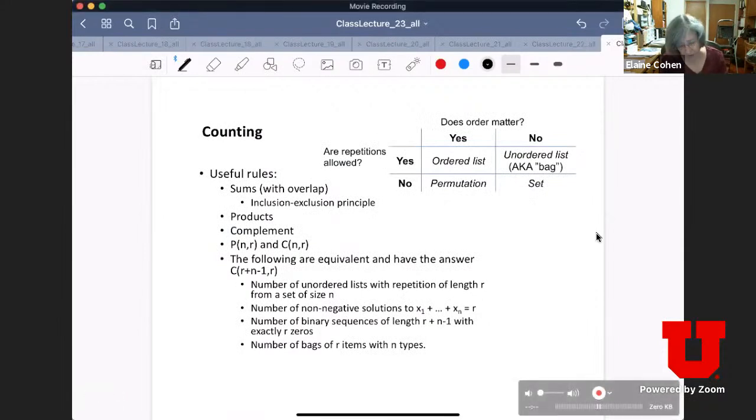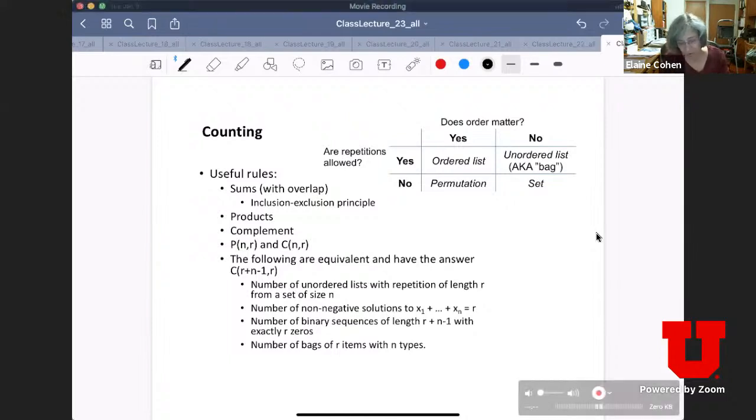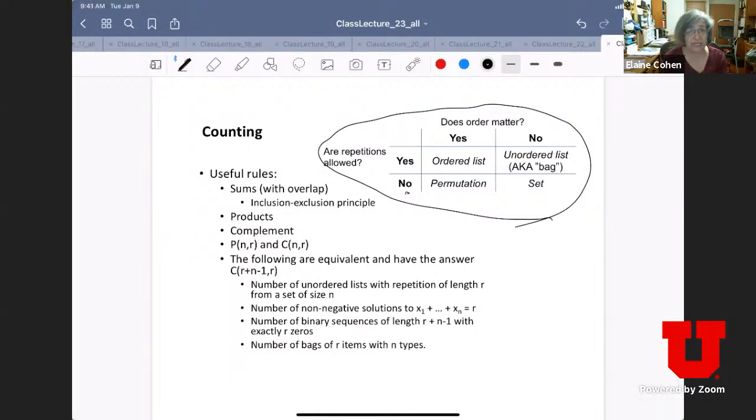Chapter 5. Okay, so we're getting close here. So remember, this chart is our biggie. We have 4 different kinds of things when we count. If no repetitions are allowed and order matters, it's a permutation. If repetition is allowed and order matters, then it's an ordered list.